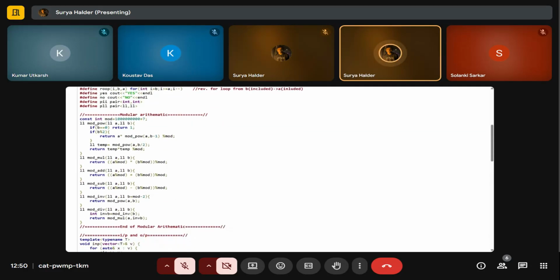Like for modular arithmetic, many times you will be requiring a to the power b. You will be requiring fast exponentiation. If you type the code during contest time, you will be taking time.